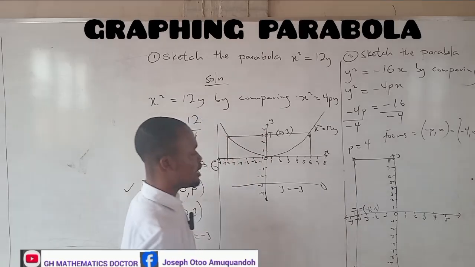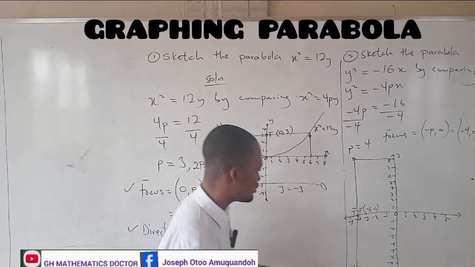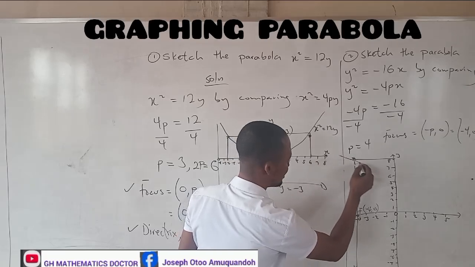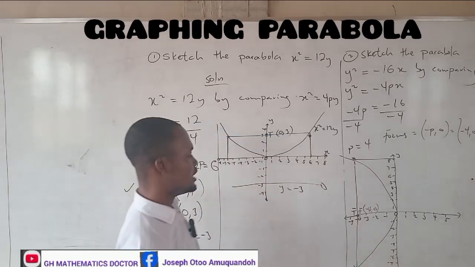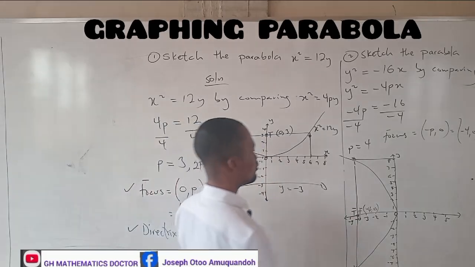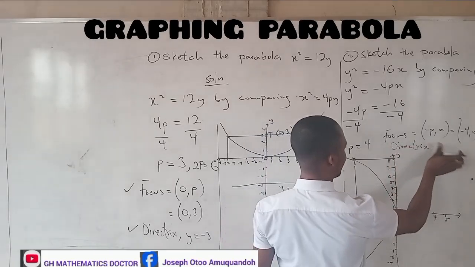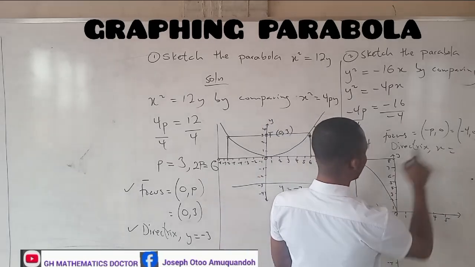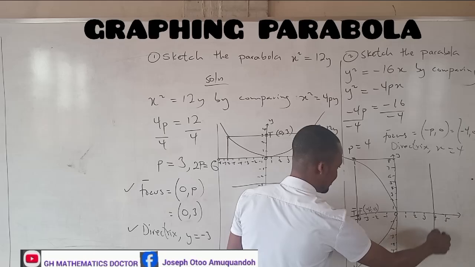Alright, now that our box is ready, we need to draw the parabola to pass through the vertices of this box. Over here, make sure the parabola passes through the point of origin. So we have the parabola passing through, and this is it. And don't forget your directrix. Your directrix is x equal to positive 4, and that's where we will get our directrix.